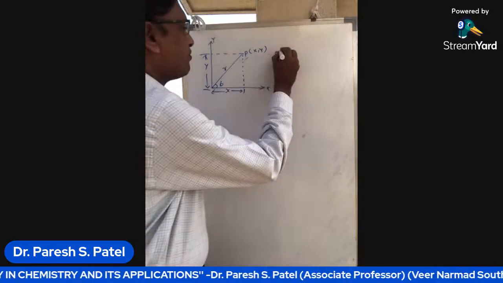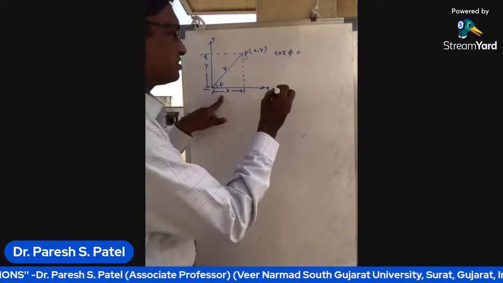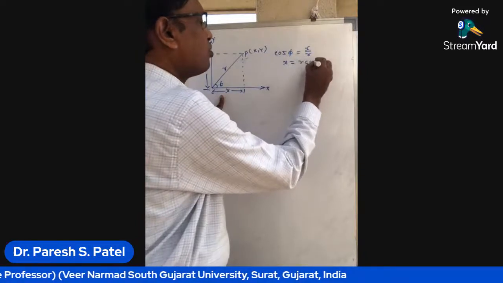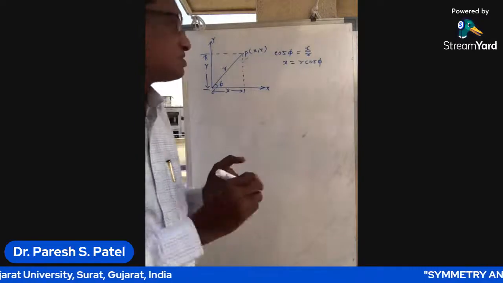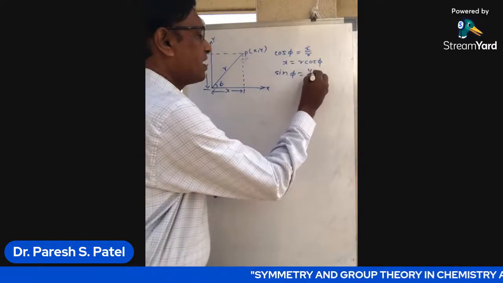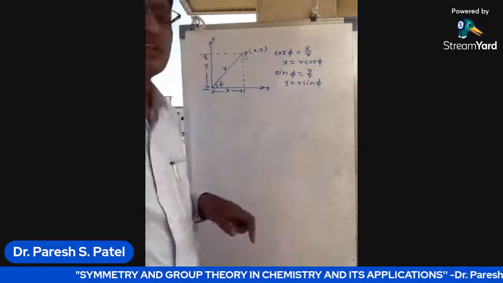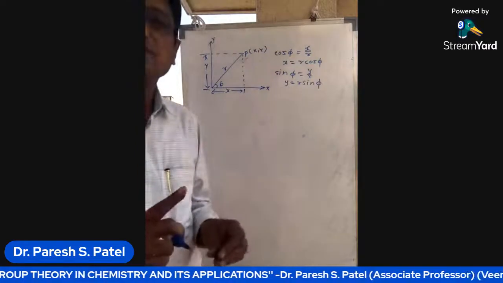Now cos phi, as we already discussed, is equal to base divided by hypotenuse, that is x by r. So x is equal to r cos phi. Similarly, sin phi is equal to y by r. So y is equal to r sin phi. This is the initial position of the vector P.